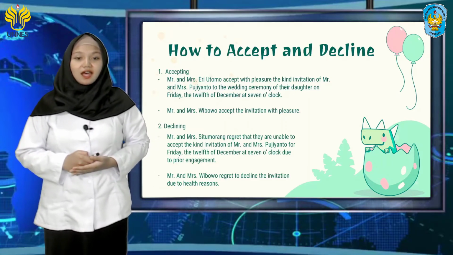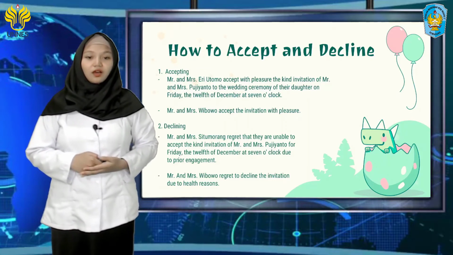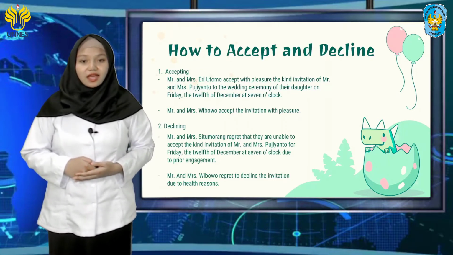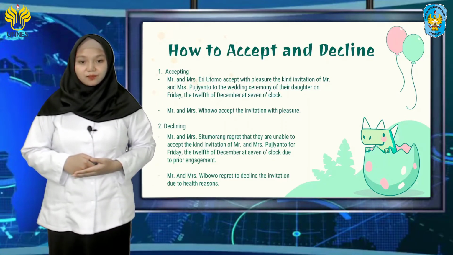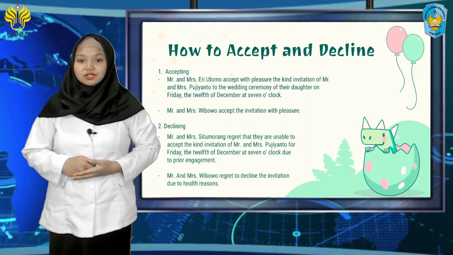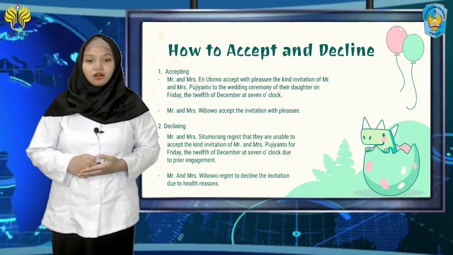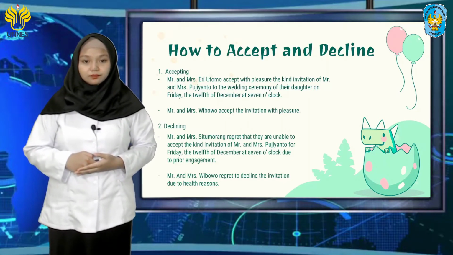And here's how to decline the invitations. Number 1. Mr. and Mrs. Tumorang regret that they are unable to accept the kind invitation of Mr. and Mrs. Pujianto for Friday, the 12th of December at 7 o'clock due to prior engagement.